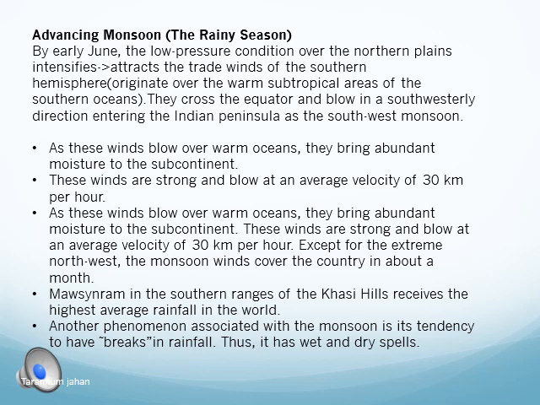Before the rainy season, we were enjoying the summer, a very extreme summer. It was very hot, and suddenly these southwest winds start entering India and change the complete weather of the whole of India, and they bring rain.